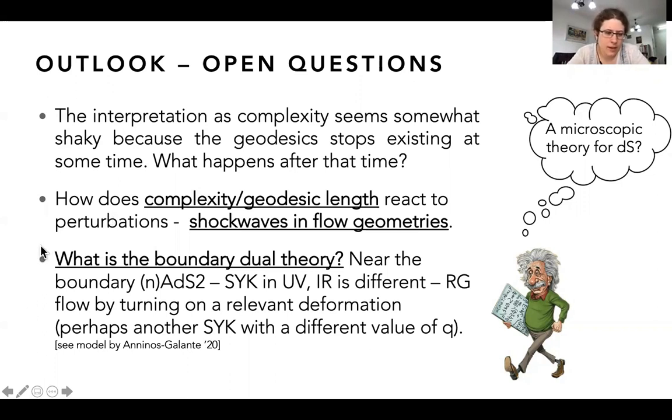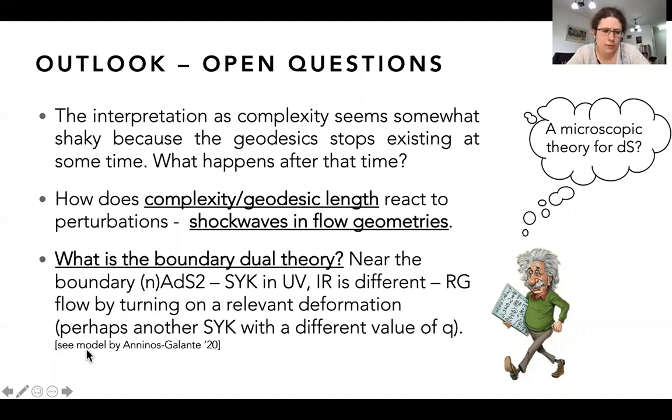And that's my final comment on what is the boundary dual. So we know that near the boundary, we have nearly AdS2, so that would be like an SYK in the UV. And in the IR, there is a different behavior, which is the theta. So essentially what we expect is to have an RG flow from an SYK model by turning on a relevant deformation to an SYK.